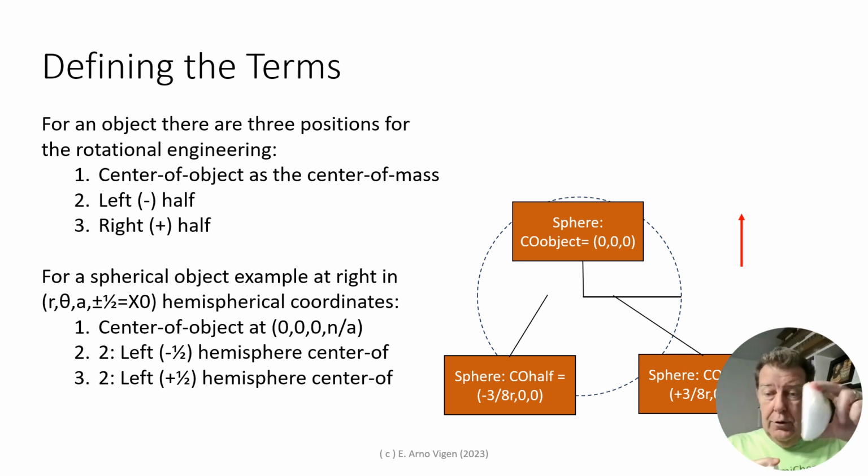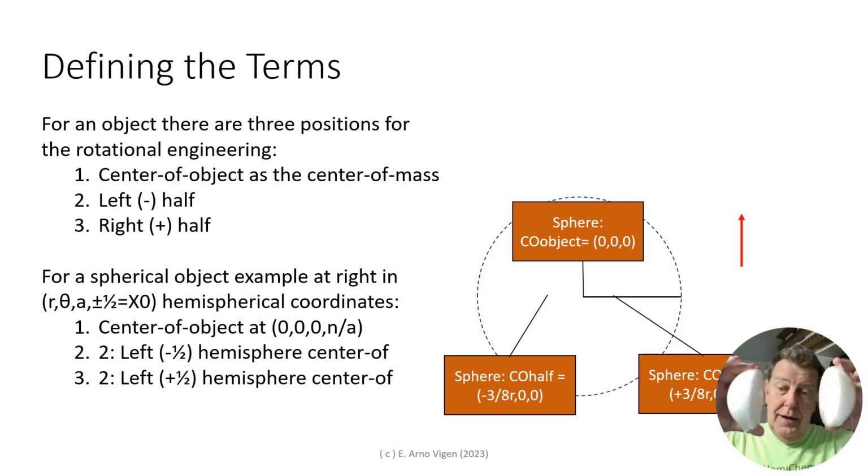But here, now you have a left half and a right half, and you can calculate the center of that, and you have an arm. So now you have that extra r. But now, where is the center of mass of this? Where's the center of mass of this?